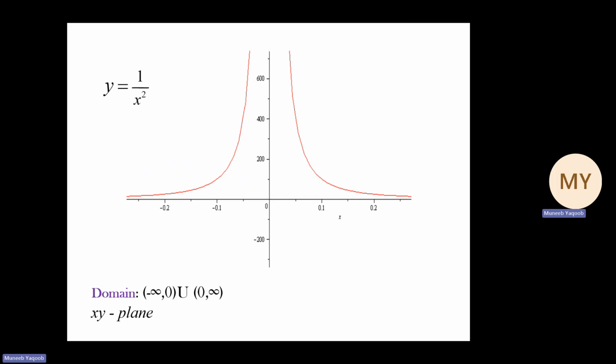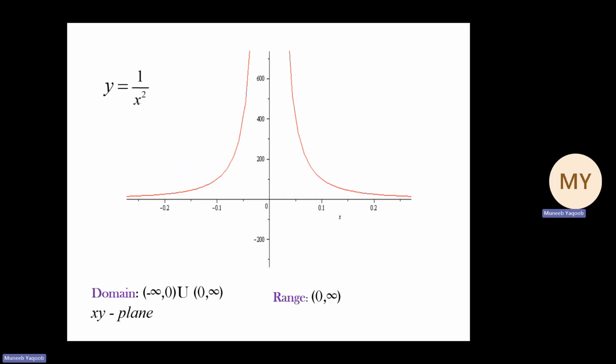Therefore, its domain will be written as from minus infinity to 0, union from 0 to infinity. Okay, so what about the range? This time you can see that the height of the function, or the set of all possible values of y, are from 0 to infinity.